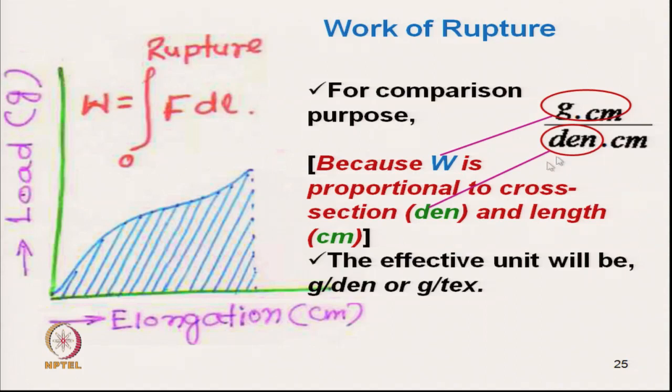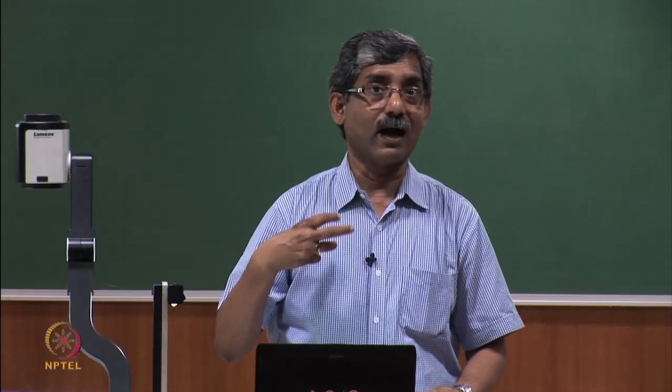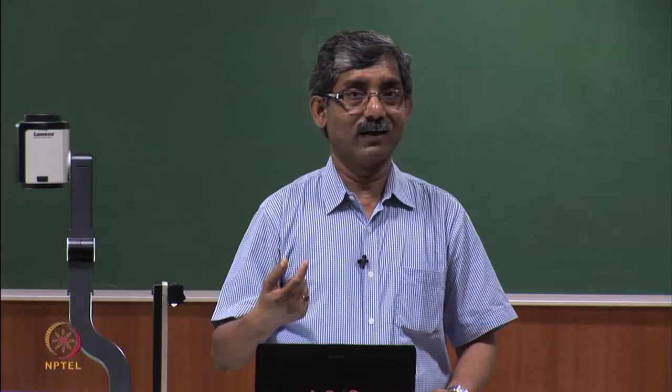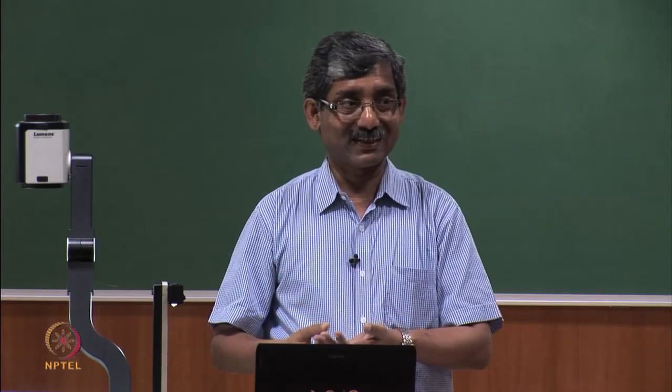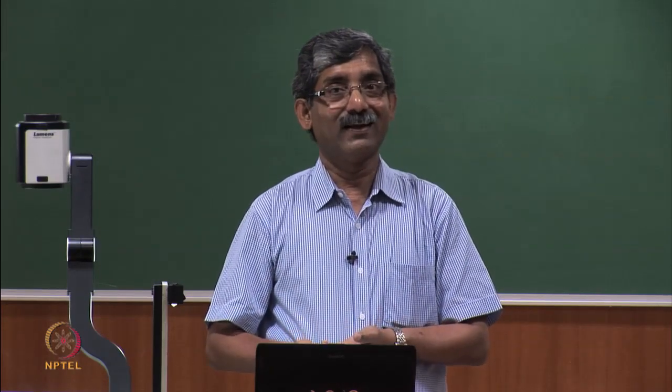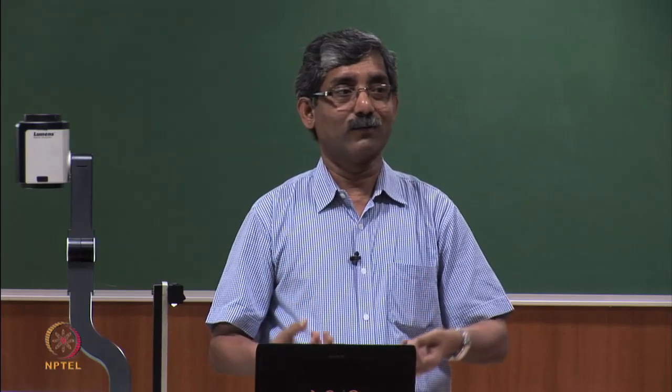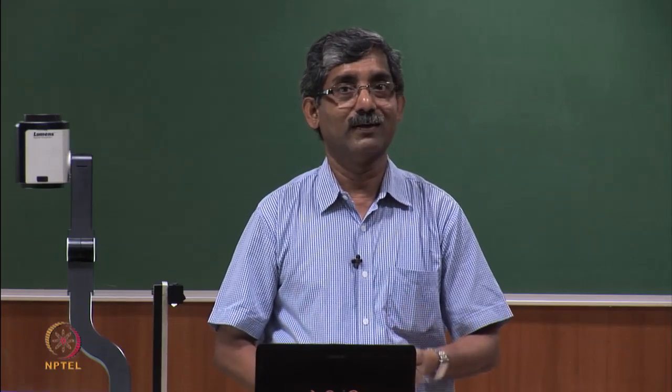W is proportional to denier and also to the length. That means, if the denier is higher, if it is a coarser denier or coarser tex, then the work required, the force required to break, will be high. Okay.